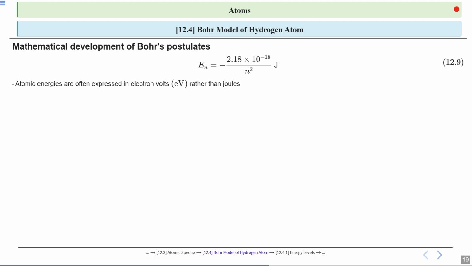So atomic energies are often given in electron volts, or we represent it as eV instead of joules. An electron volt is a much smaller unit of energy, which makes it more convenient for atomic and subatomic processes.